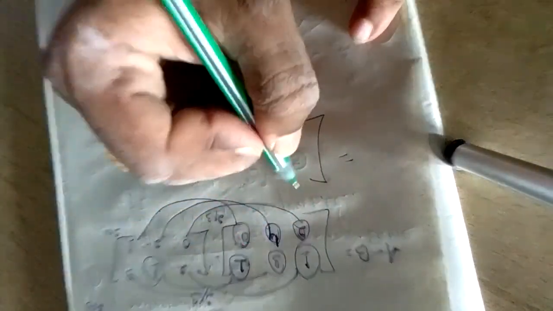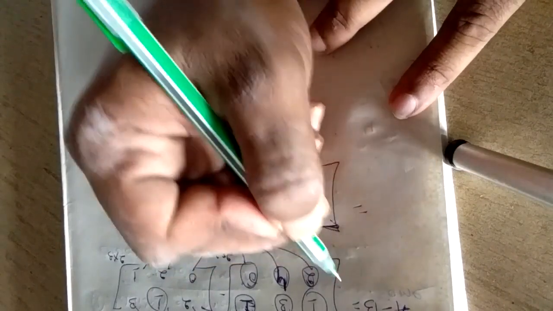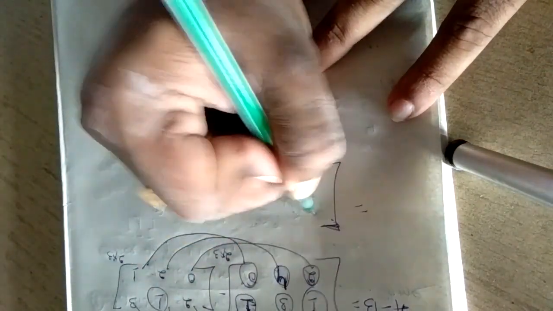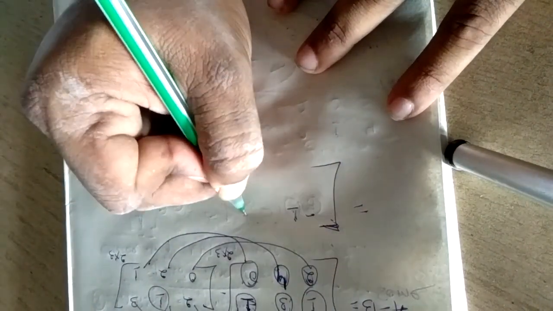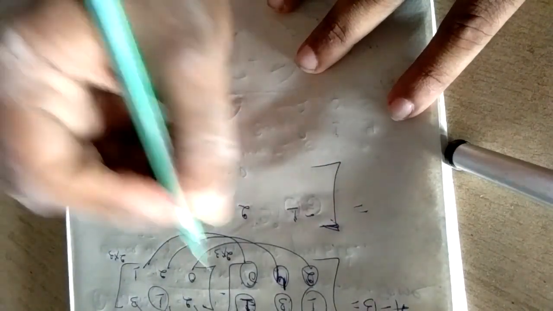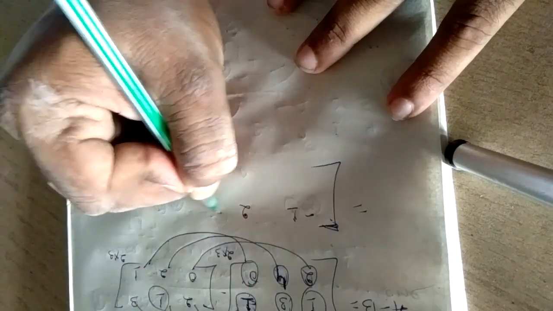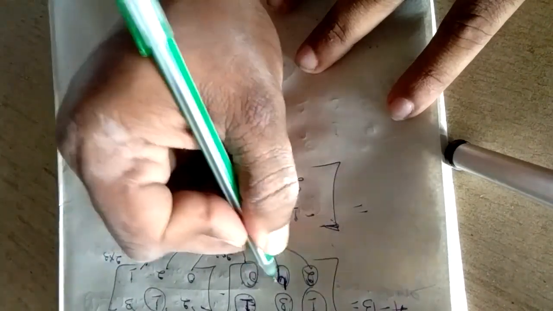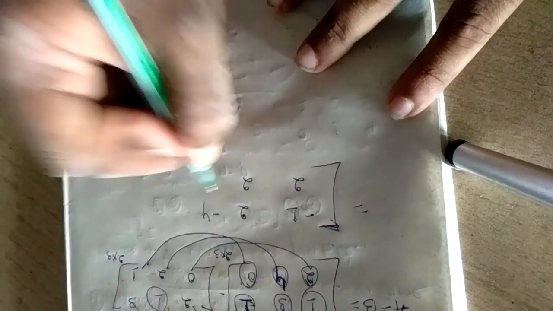Then A minus B will be 1 minus 2, that is minus 1, 3 minus 1, that is 2, and minus 1 minus 3, that is minus 4, 2 minus 0, that is 2, 4 minus 2, that is 2, 0 minus 1, that is minus 1.